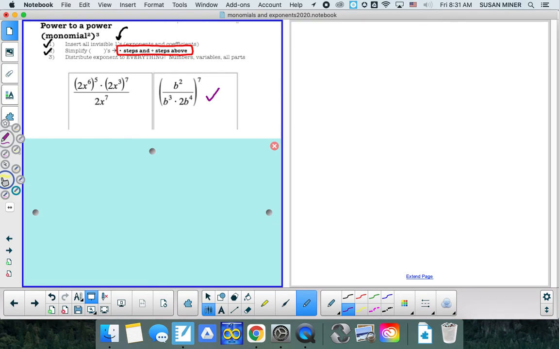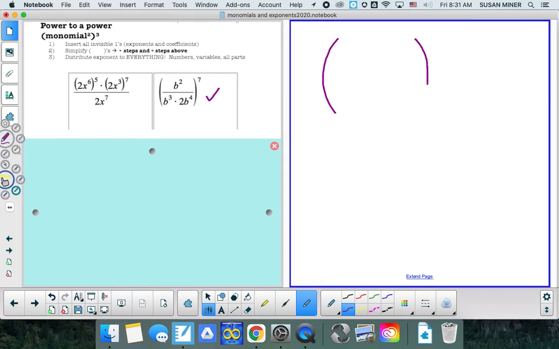So the first thing that I want to do, there's a couple of different ways that I can do this. The first thing I always want to do is take a look at what's inside the parentheses and insert any invisible 1 exponents in. So I'm going to give that 2 an invisible 1 exponent so that everything has an exponent.